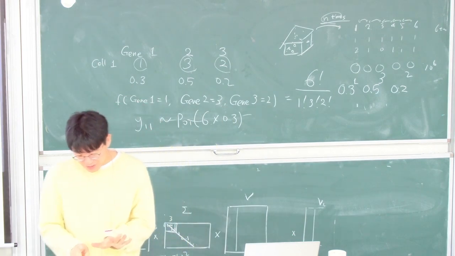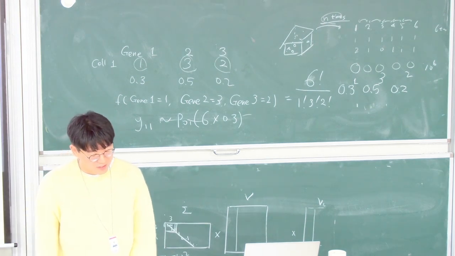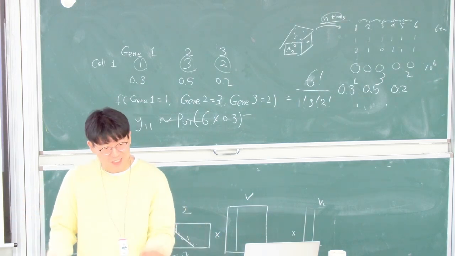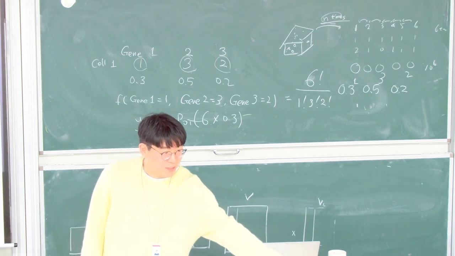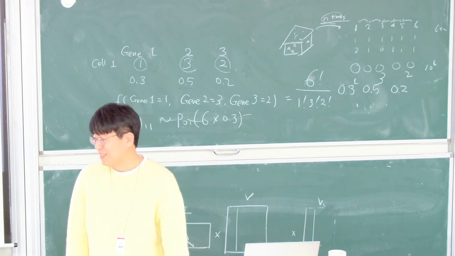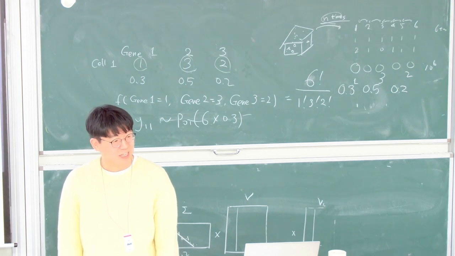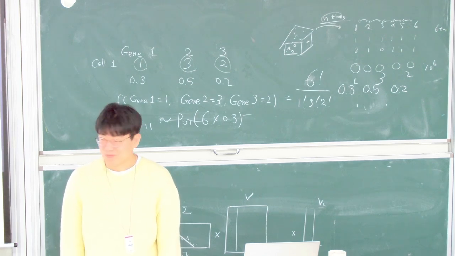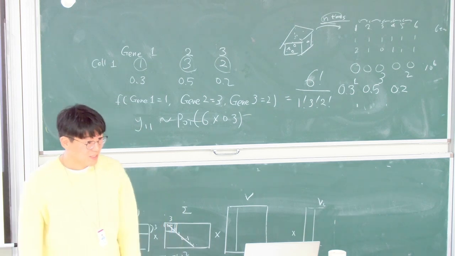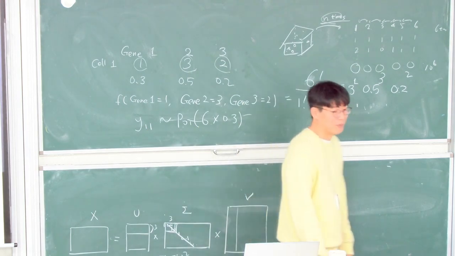Among the 10 to the 6 rolls, knowing that the first dice comes out 10 times, is it useful information to guess the other things? No, right? So that's why I think we can assume independence.